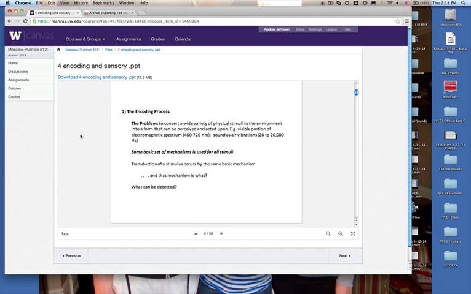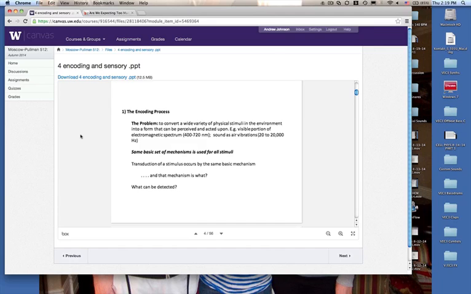We'll talk about those also, but these are really different. Photons are really different from sound waves. So how are we taking those different features from the environment and turning them into some sort of information that our brain can process? And it turns out we use the same mechanism for everything.